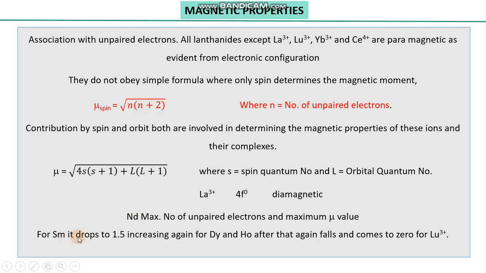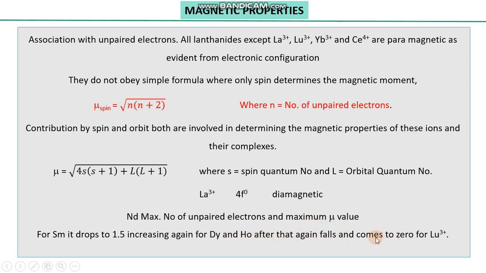For samarium, the magnetic property decreases to 1.5, and from samarium again the magnetic property starts rising, and for dysprosium and holmium the properties are maximum in the series.